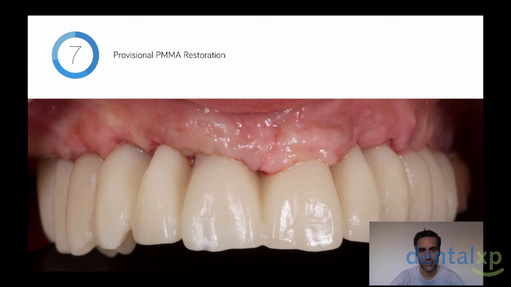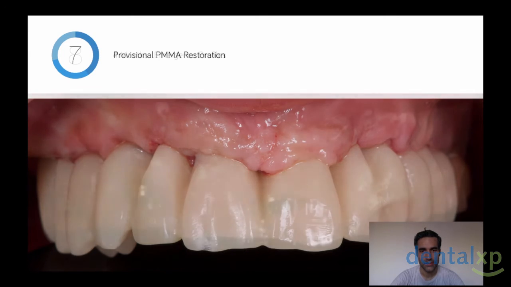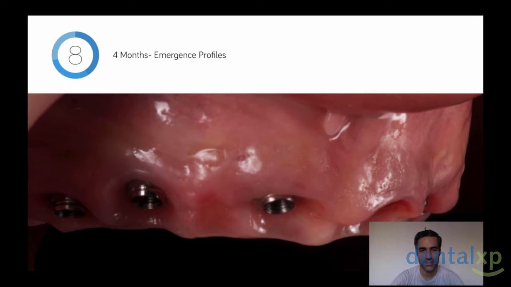72 hours after the surgery, after performing a digital impression of our patient, we have our provisional. Here it is, 72 hours after, and after 4 months this is the aspect of the patient. As you can see, the soft tissue healed so perfectly, with no bleeding, everything is clean. This is one of the effects of using PMMA.